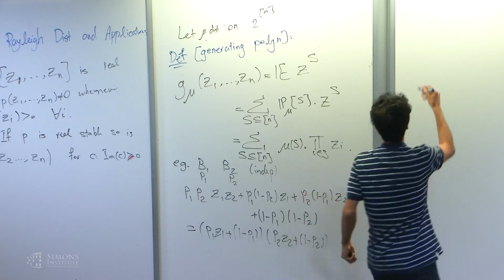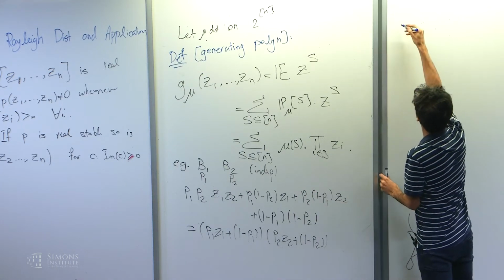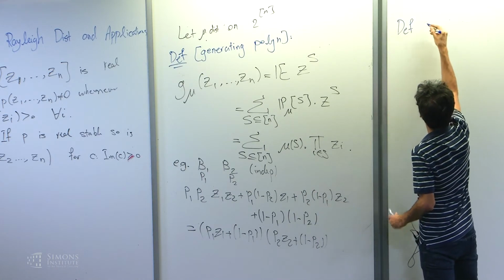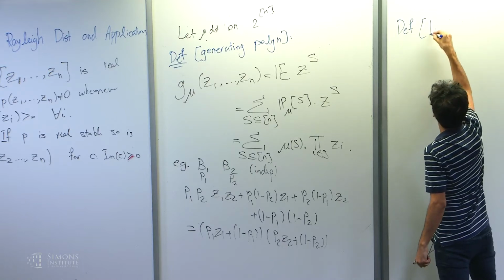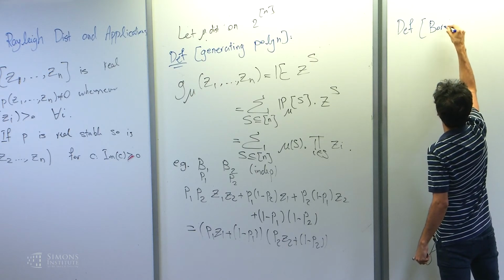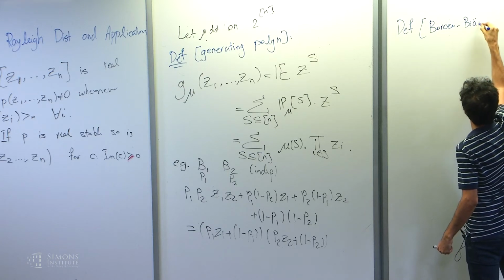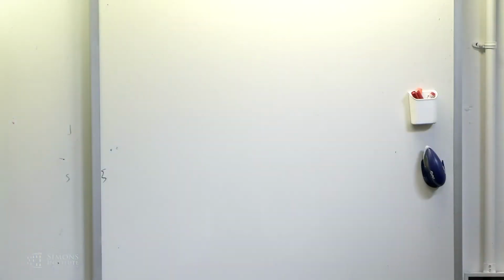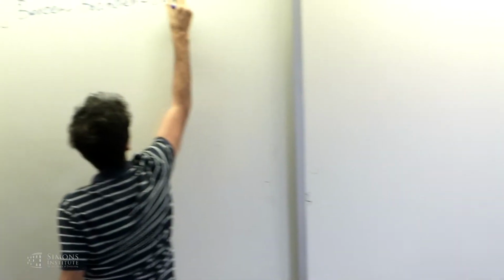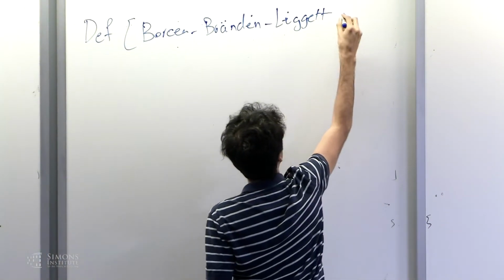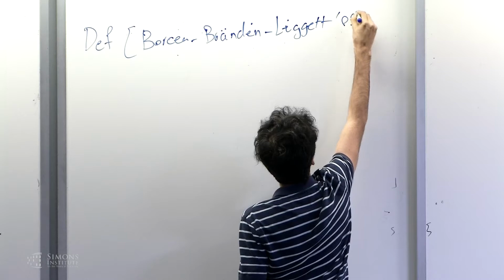So I'll get to the definition of a strong Rayleigh distribution. This is due to Borcea, Brändén, Liggett from 09.